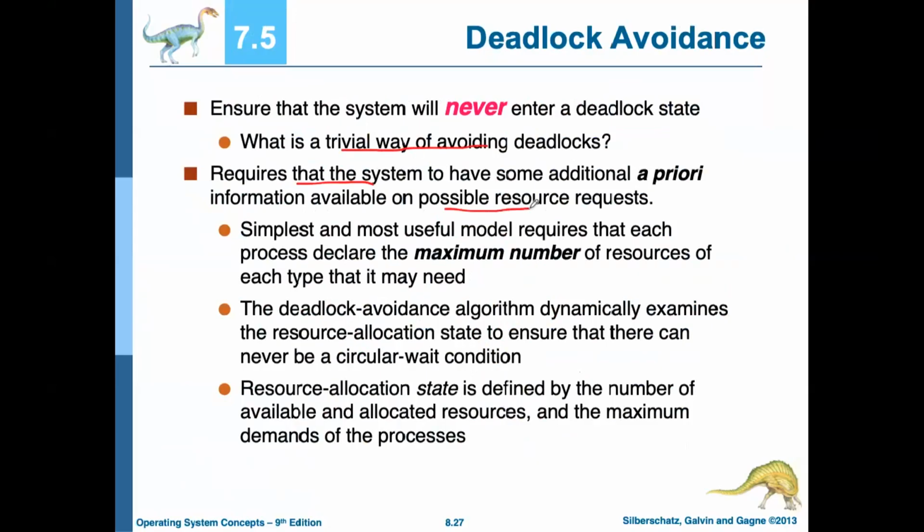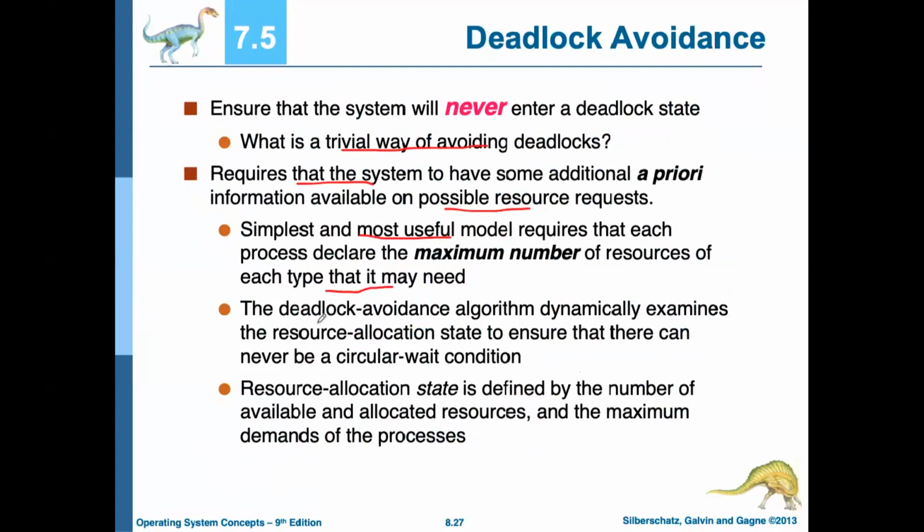The simplest and most useful model requires that each process declare the maximum number of resources of each type that it may need.